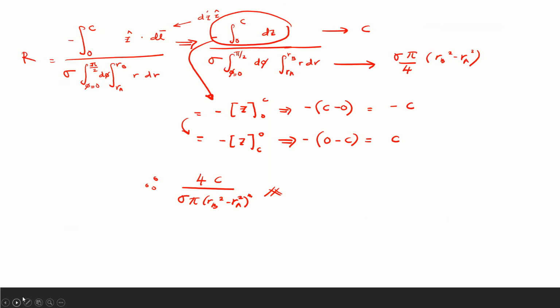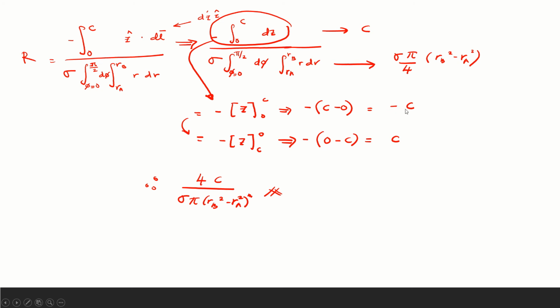If the limit is in the same direction as the electric field, which is 0 to c, it will give you a result of minus c, if you still remember from the correction video that I made before.